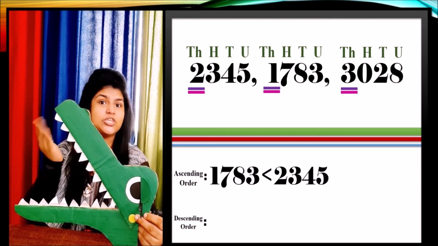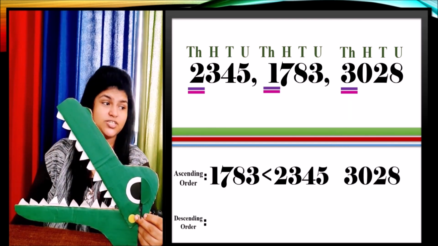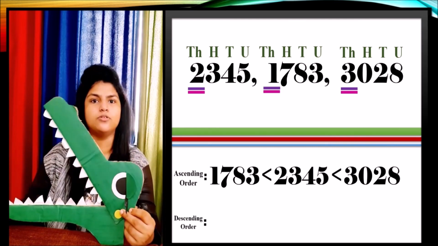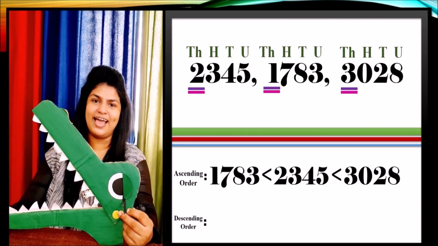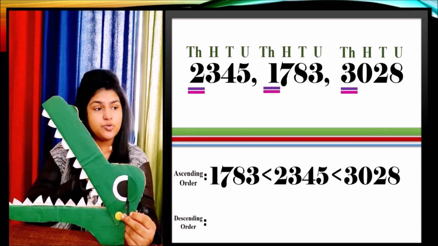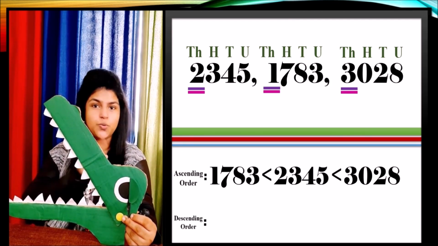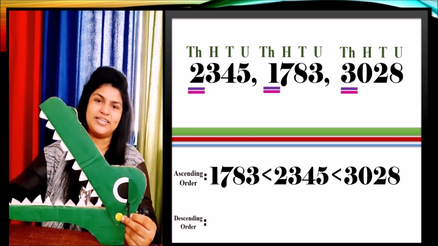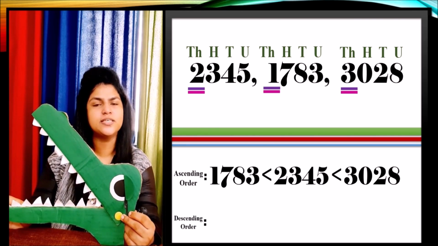So let's go to the third number. When we write the third number, 3028, it will open its mouth again at 3028. Is it clear? So between 2345 and 3028, which one is big? 3028. That is why it will open its mouth like this.